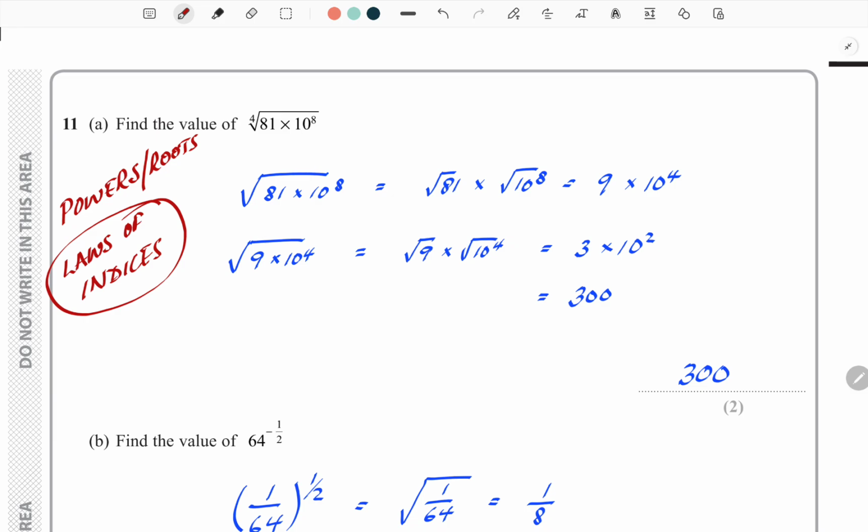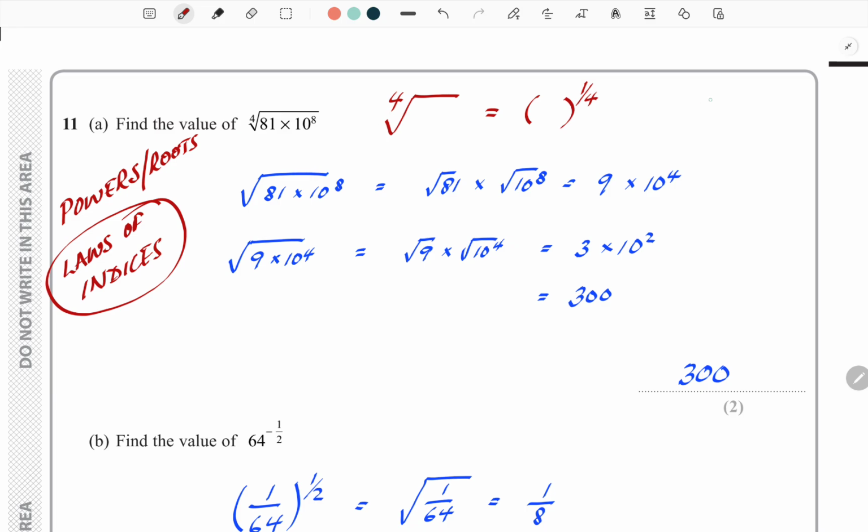All right, how are we going to do this? Notice this has the fourth root. That's the same as something to the power 1/4, just as a quick revision. But there's an easier way of thinking of it.